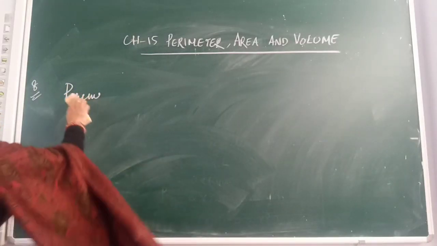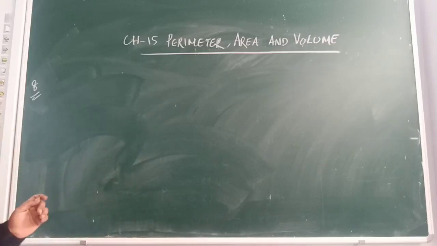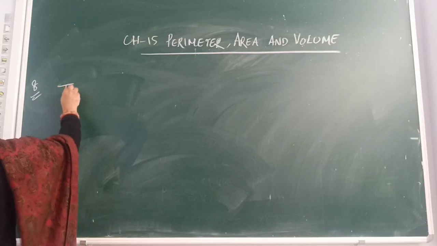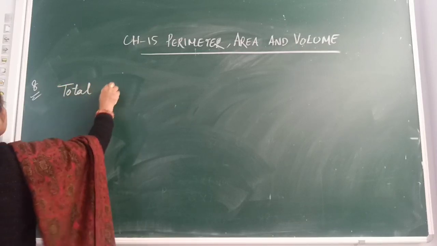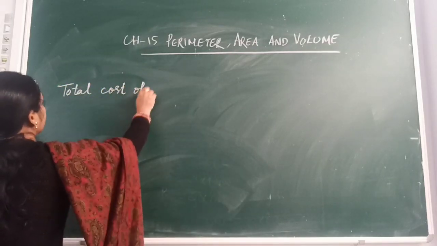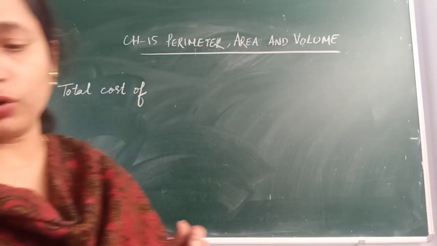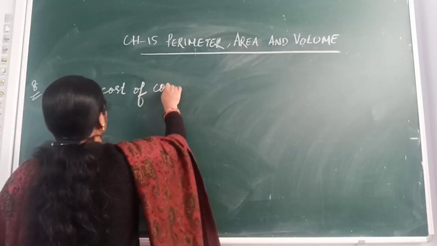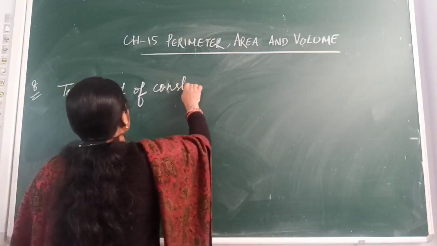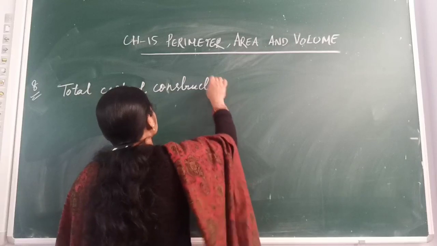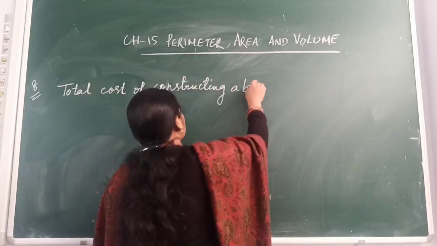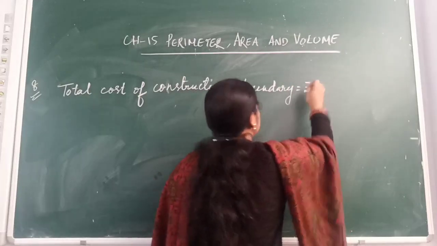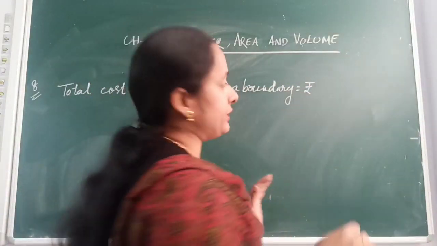Suppose do one thing, let's first write down what data is given to you. You are given the total cost of constructing a boundary: rupees 20,480, right?